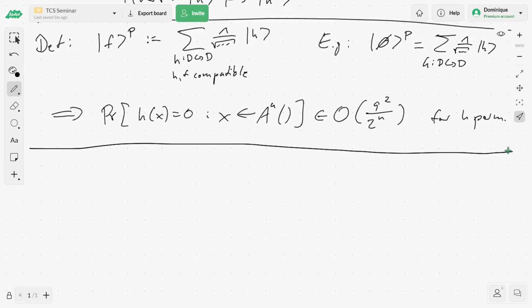Okay. So what I just showed is that with a random permutation, if you get oracle access to a random permutation, you can find a zero pre-image with probability at most q squared over 2 to the n. This may not seem very new because we know that random permutations without inverse are indistinguishable from random functions.